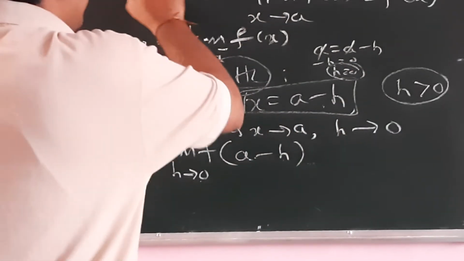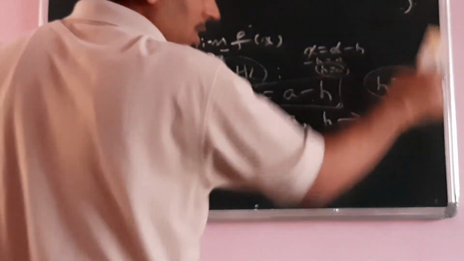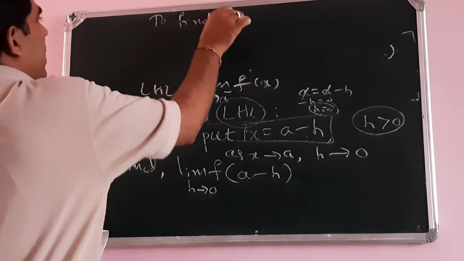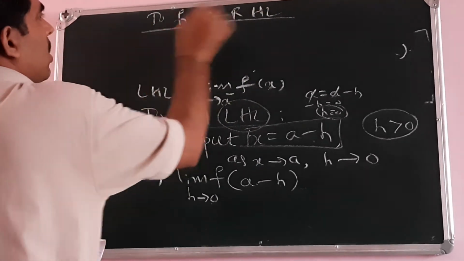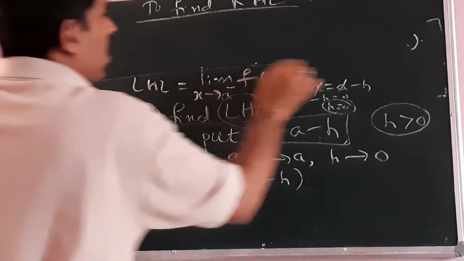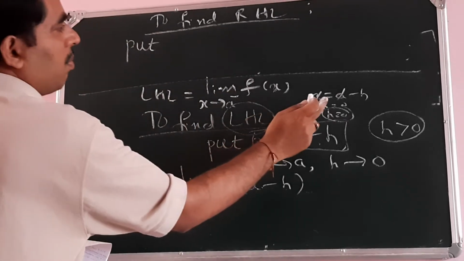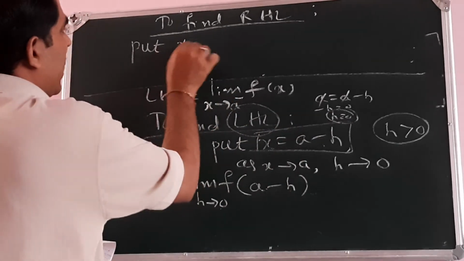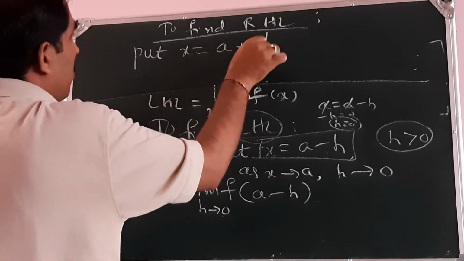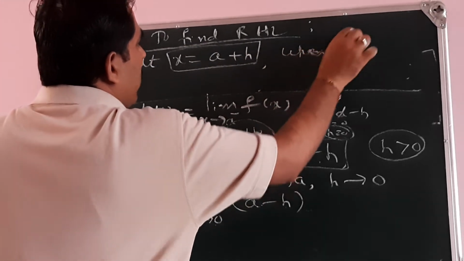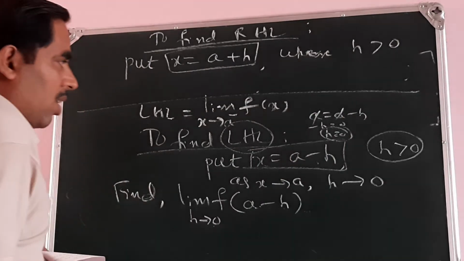Similarly, how do you find the right hand limit? Okay, let me write here. To find the right hand limit, put x is equal to a plus h. Remember this, put x is equal to a plus h, where h is a small positive quantity.